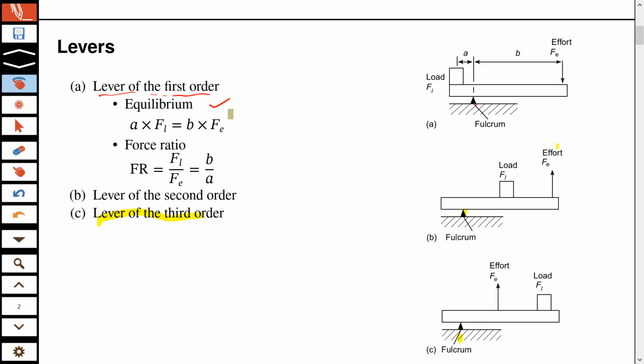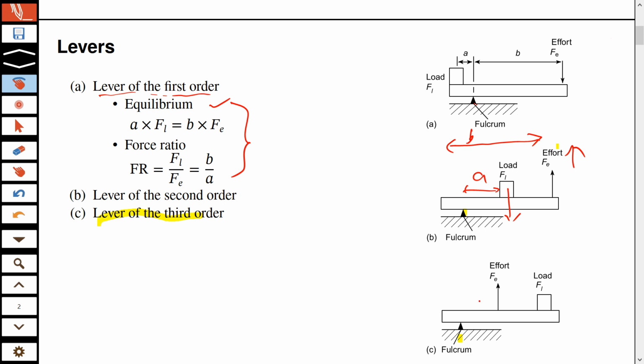So I mean, you can write this equation for these two kinds as well. Okay, you just have to label them properly. So for example, in this case, you can call this A and you can call this B. And because this force is upward and this load is downward, these moments will balance out and you will see something very similar. Okay, I think I should have called this B and I should have called this A, if you want it to look similar to that.